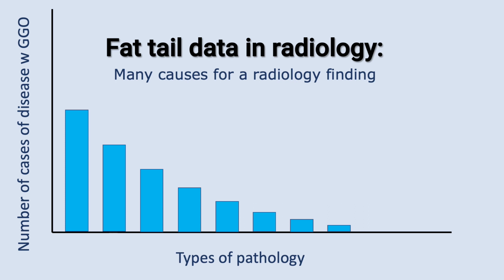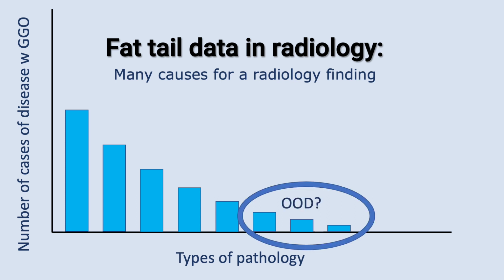Some of them are incredibly rare, but they're very important diseases and you don't want to miss them. And you don't want to call them, say, pulmonary edema when they turn out to be some other kind of pathology that you really need to treat entirely differently. When we're training the models, oftentimes for these rarest diagnoses we don't have a lot of examples to use.